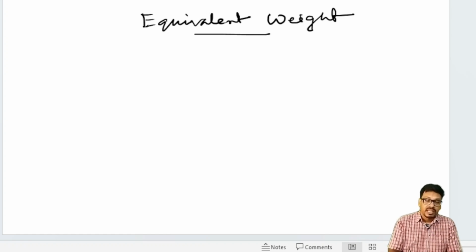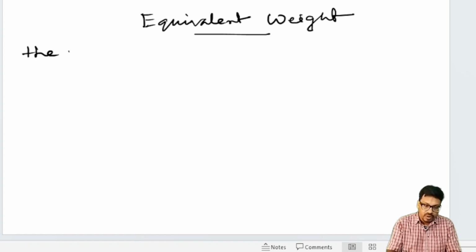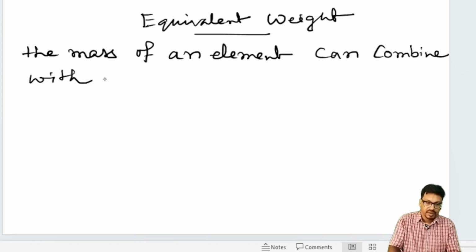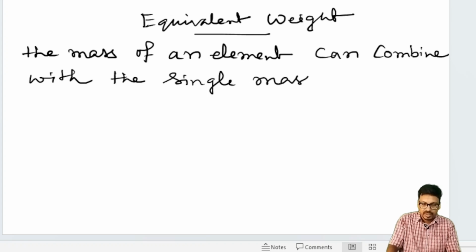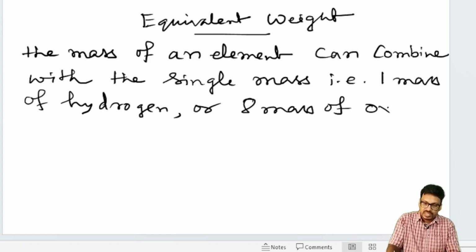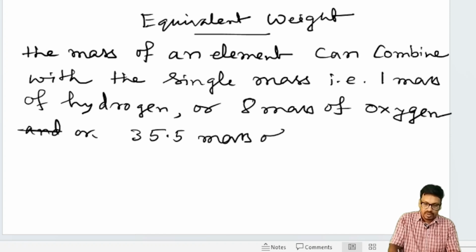The equivalent weight is the mass of an element that can combine with one mass of hydrogen, or 8 mass of oxygen, or 35.5 mass of chlorine.